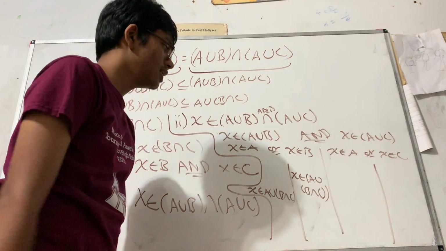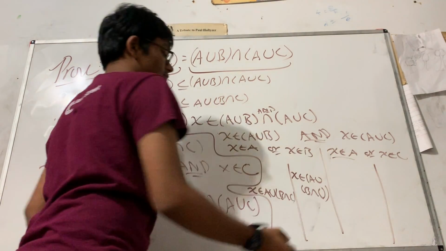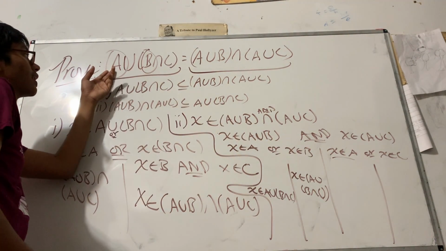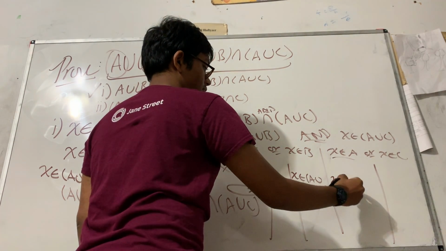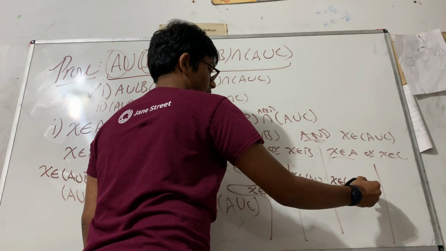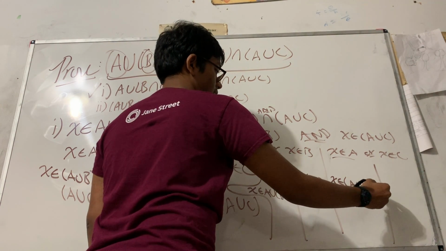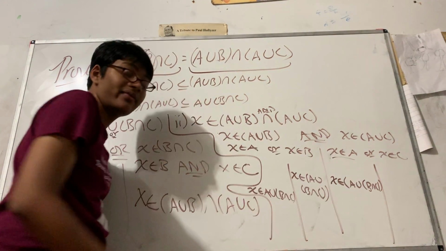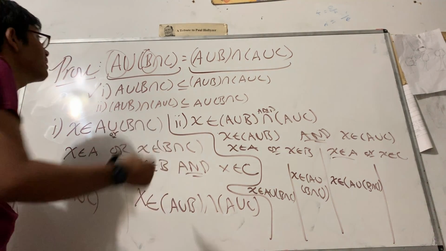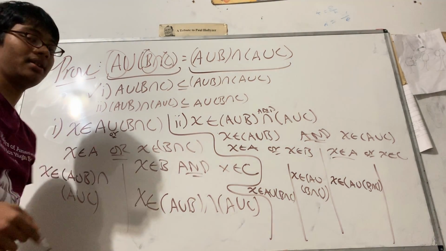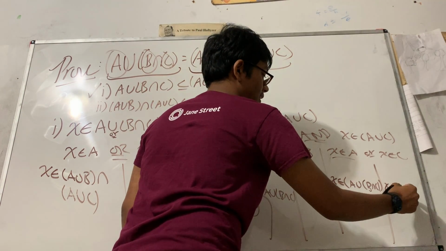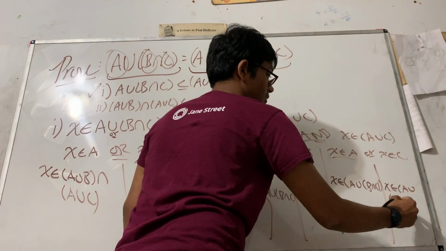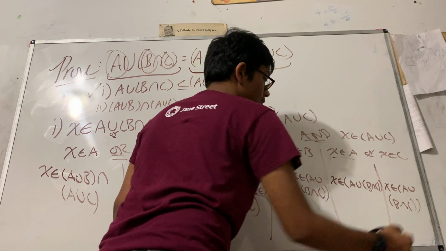Let's do this one. If x is an element of A, again, same argument. x will be included in A union (B and C). How about if x is an element of C? Again, you see that C is included here, so x must also be included in that set. And thus x is an element of A union (B and C).